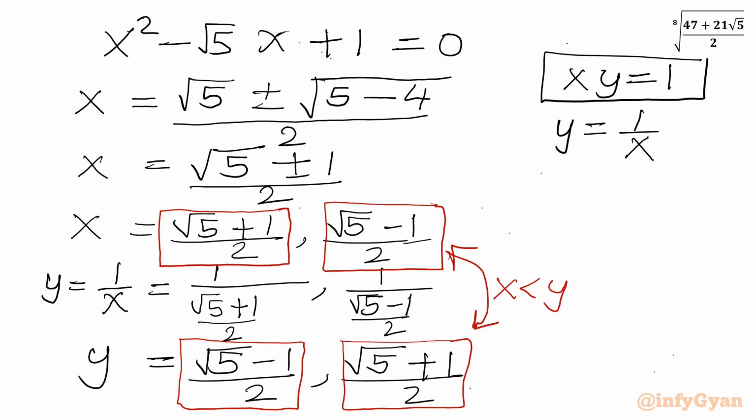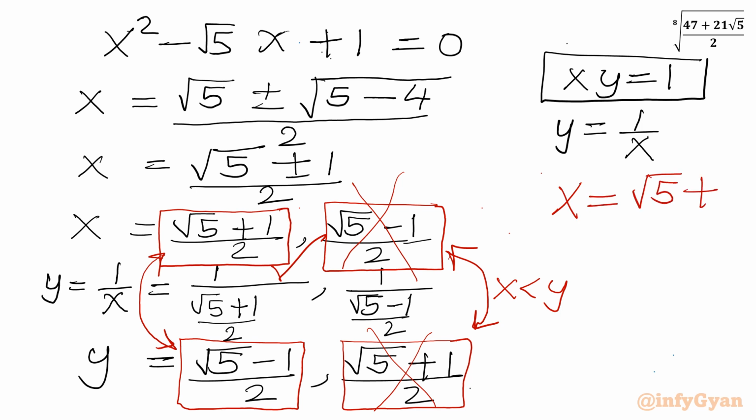So on this ground, we will reject. And here we are getting x greater than y. So we will accept x equal to root 5 plus 1 over 2. So my answer will be root 5 plus 1 over 2.